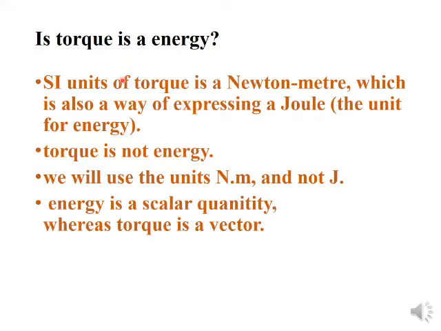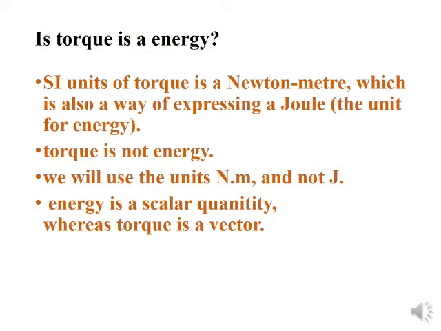Is torque energy? Note that the SI unit of torque is Newton meter, which is also a way of expressing a joule. However, torque is not energy, so to avoid confusion, we will use the unit Newton meter, not joule.